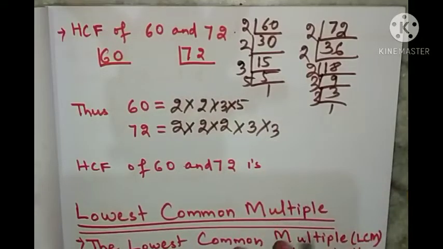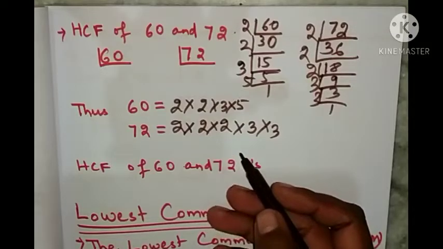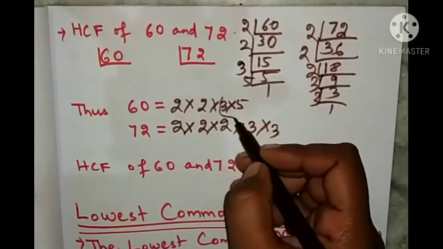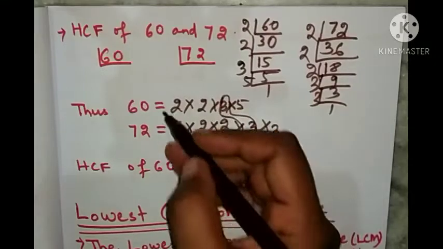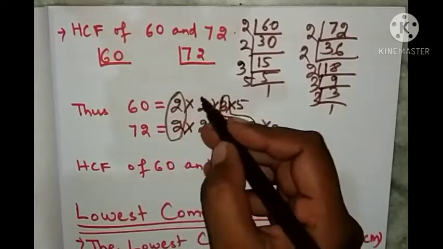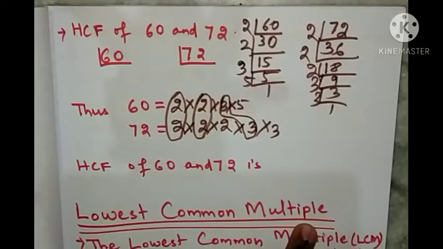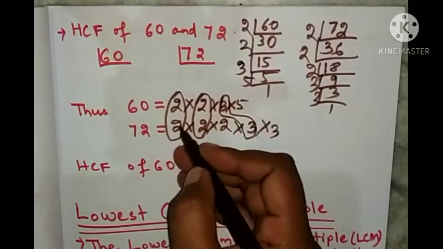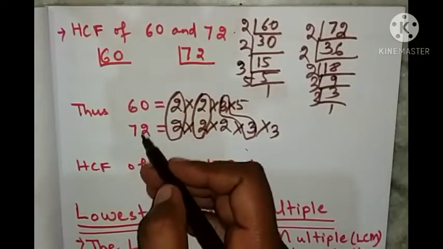So look here, how will you find it? 2 is common, another 2 is common, then 3 is common in these two factorizations.